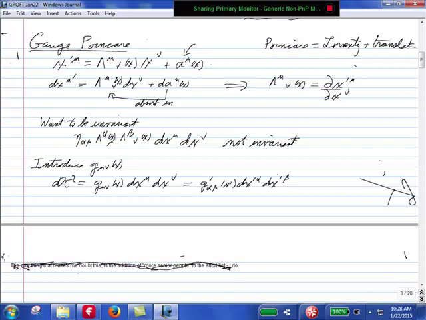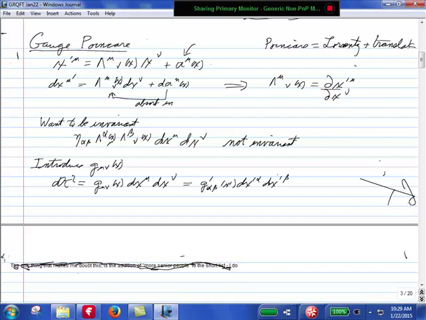If I go back to this locally flat, I just want to do a slight notation change here. So we had g mu nu of x is this T mu alpha of x, T nu beta, eta alpha beta.